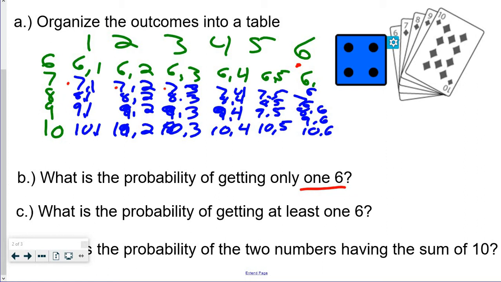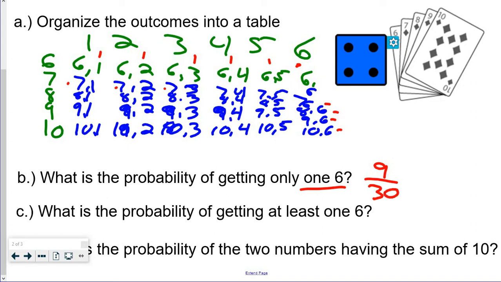So we know that we have 1, 2, 3, 4, then 5, 6, 7, 8, 9. So we have a chance of 9 out of, and we know that 6 times 5 is 30, so there are 30 different options.